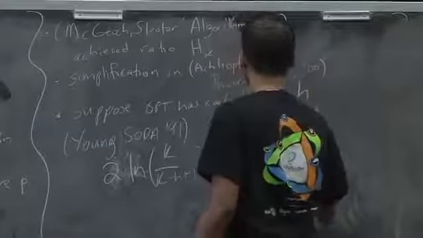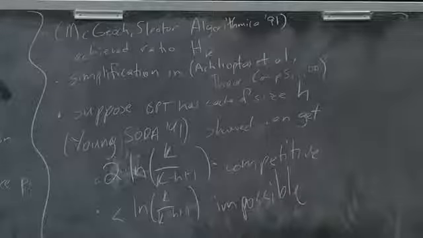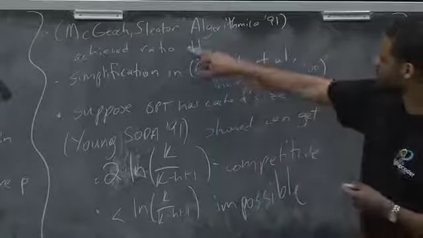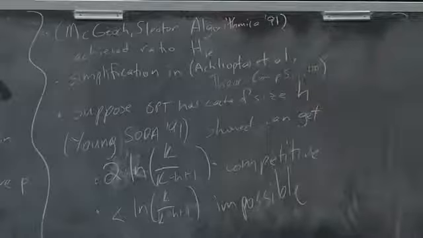And he also showed that getting a competitive ratio better than ln of k over k minus h plus 1 is impossible. So when h equals k, that's what we just covered. When h equals k, that gap of 2 has been closed by McGeoch and Slater.